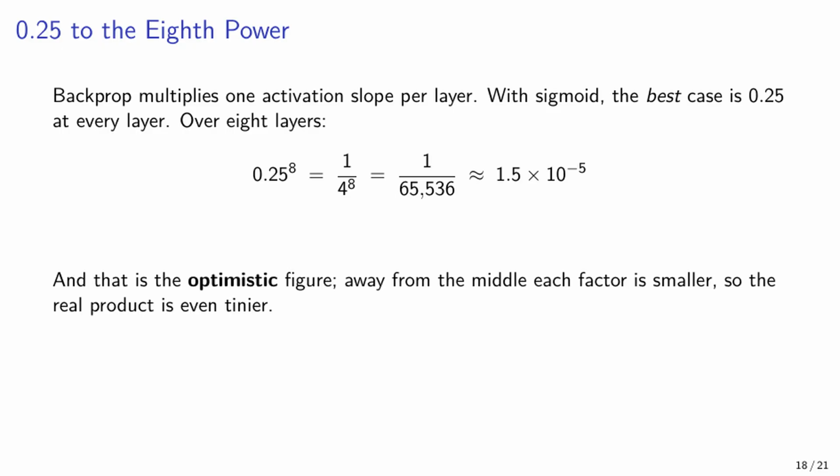And remember, that is the optimistic figure. 0.25 is the best sigmoid ever does. Away from the middle, every factor is smaller, so the real product is even tinier than that.